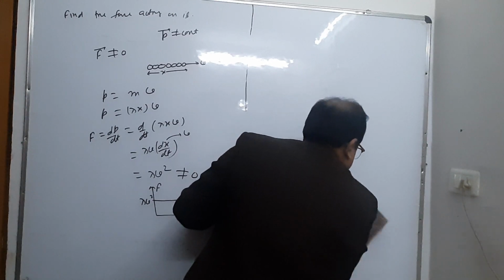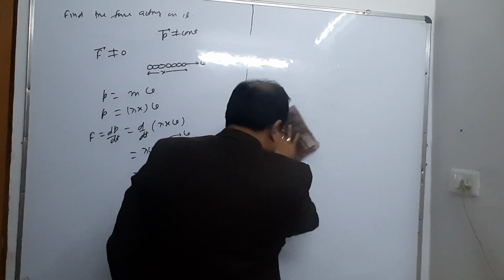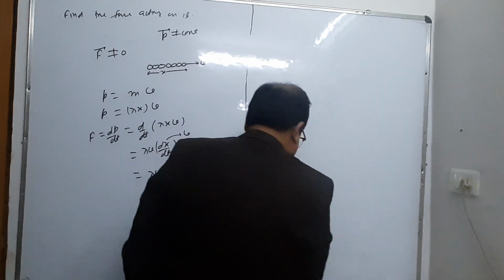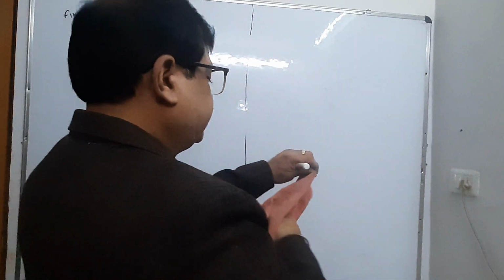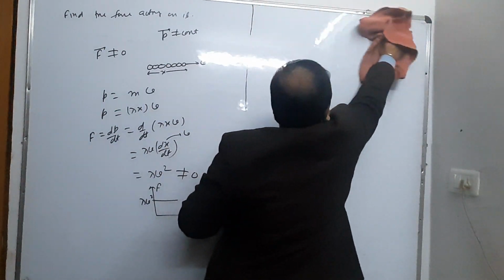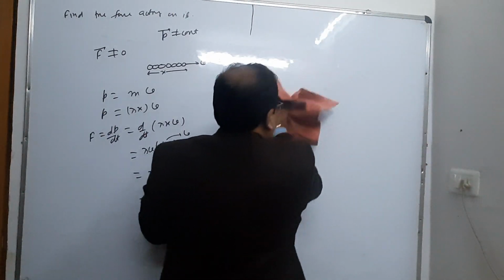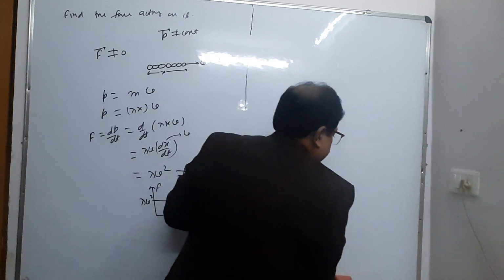Already I taught: F external is the rate of change of linear momentum. So suppose linear momentum is constant, right? Then force should be 0. Force must be 0, right?